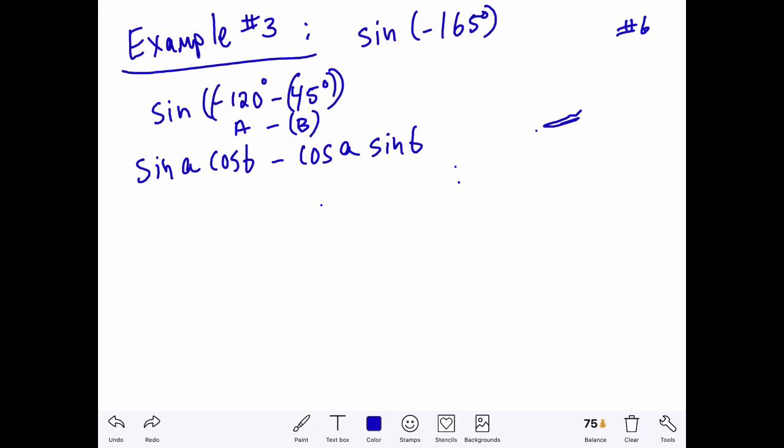And A here is negative 120. Okay? So let's write it. Sine of negative 120 cosine of regular 45. Notice the negatives built into this A minus B formula. Okay? Minus the cosine of negative 120 sine of 45 degrees.